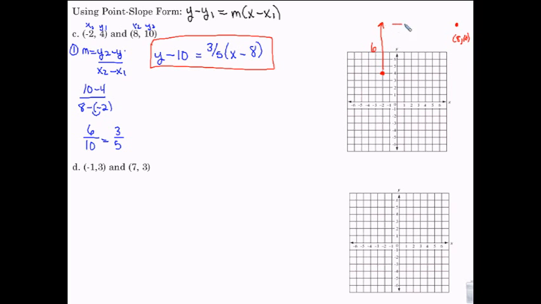I'm going to go up 6. And from negative 2 to 8, I'm going to go over 10. So I'm still going to get 6 over 10, which is still going to give me 3/5. I'll still have my slope, but then I do the same exact thing. I just plug it in with one of the points. It doesn't matter which point. You'll have to find the y-intercept on this one.